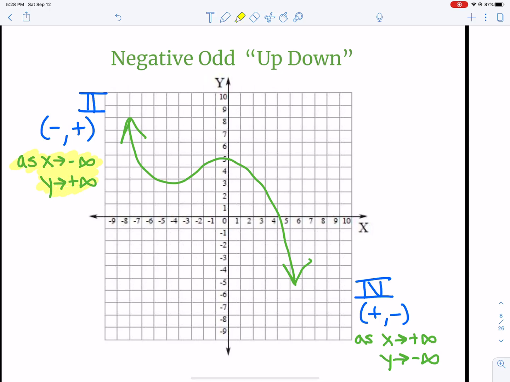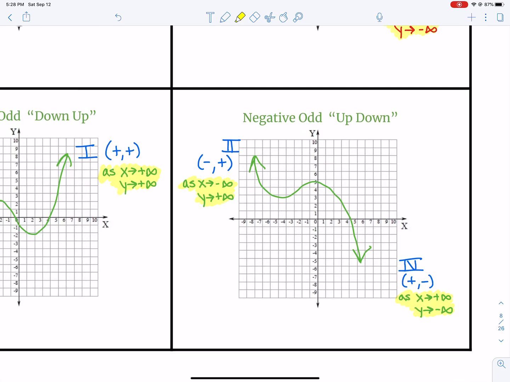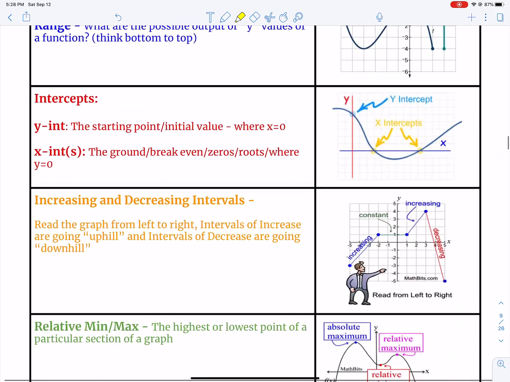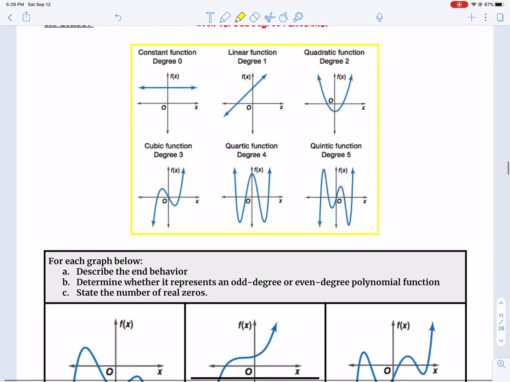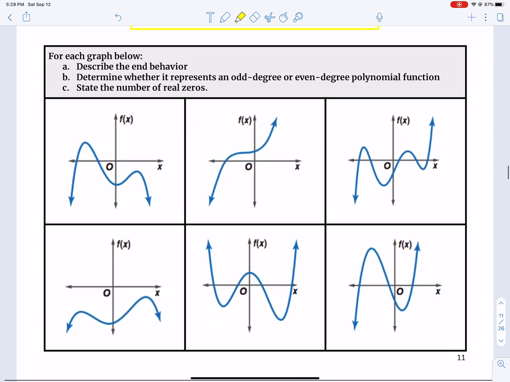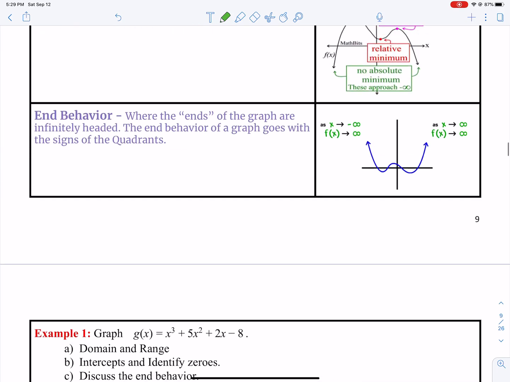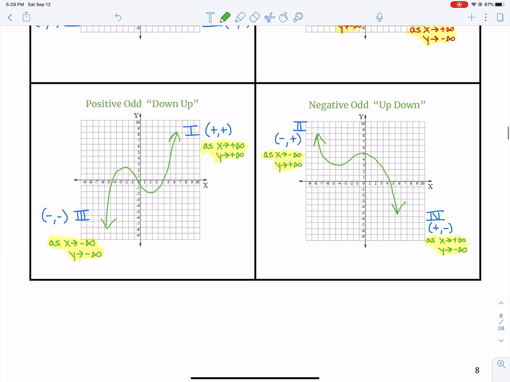Now, let's talk just a minute about even versus odd and positive versus negative. So what you want to think about is when you have an even function, let me come back up here.